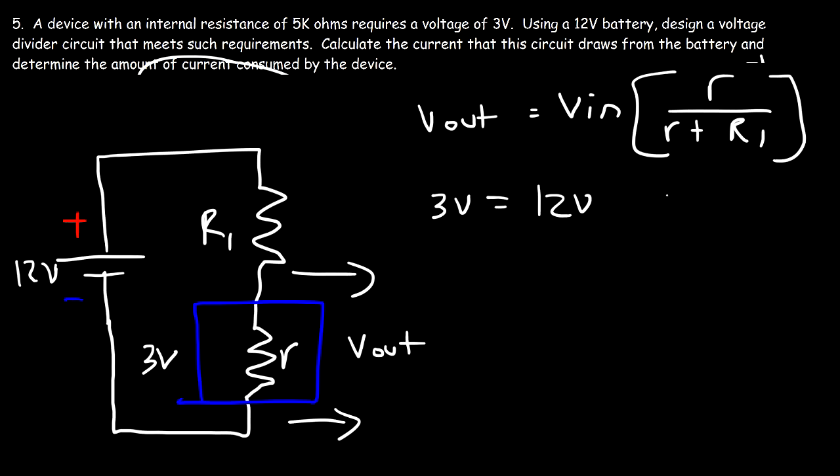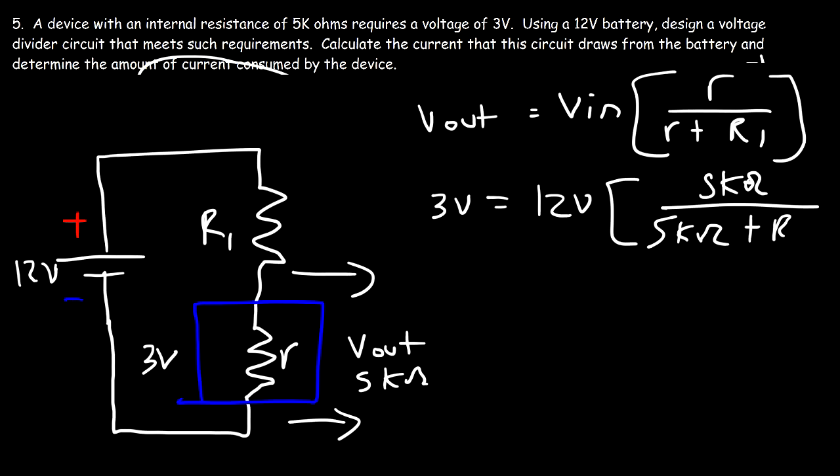The voltage of the battery is 12, and the internal resistance, we know it's 5K. And then we could solve for R1 if we need to. But because the numbers are simple, we really don't need to use the equation. We know that 9 volts will be across R1 because 9 plus 3 has to add up to 12.